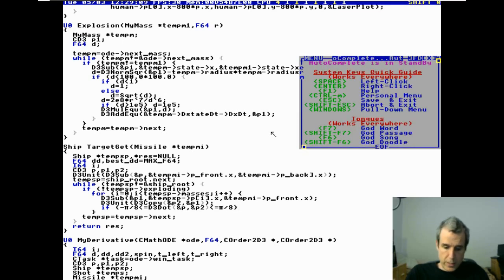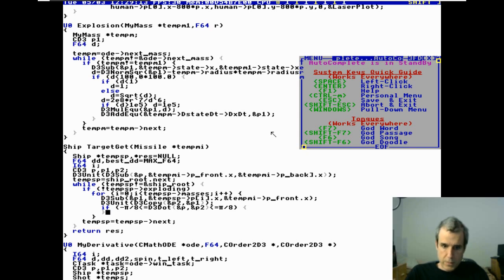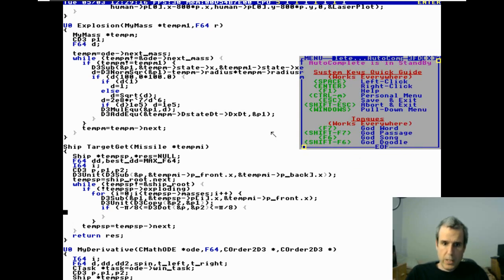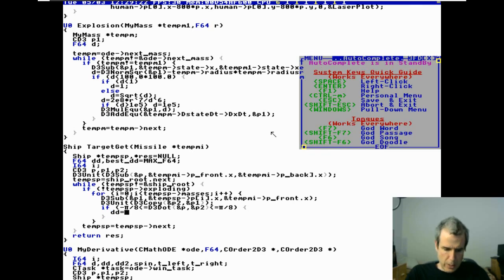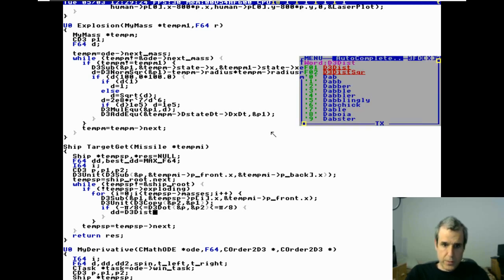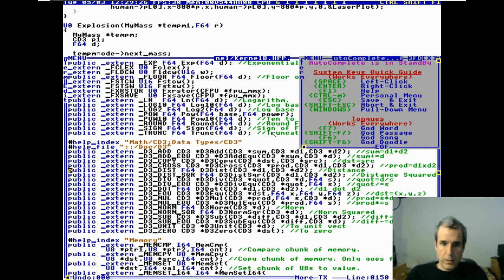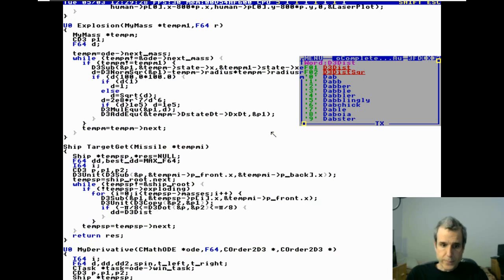Okay, so this, God, I hate that bird. This gets us in the door, and then dd equals d3 distance, no, we want the norm squared.